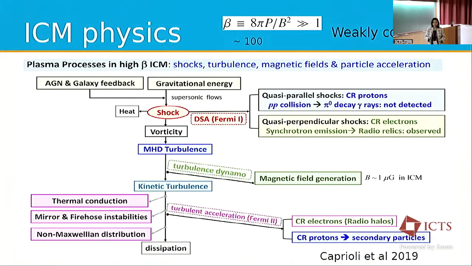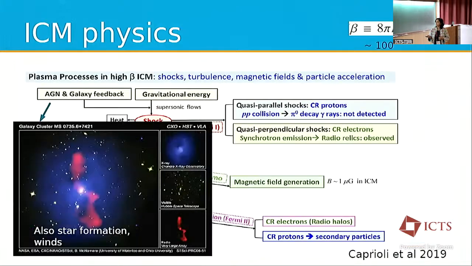The radio sources in galaxy clusters can originate, of course, from galaxies, the known AGNs, or galaxy feedback. In addition, there's energy put into the intracluster medium because of the mergers of galaxy clusters, and this is dissipated in the intracluster medium, and all of this chain of processes leads us to radio emission in certain conditions.